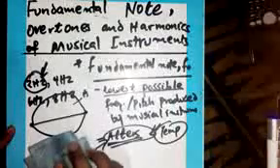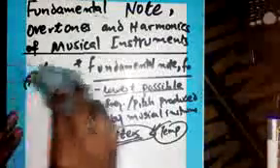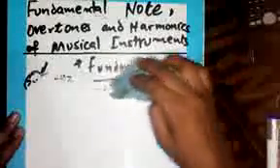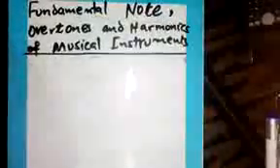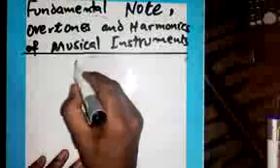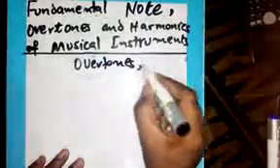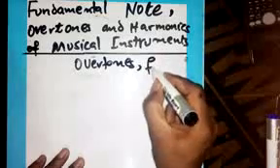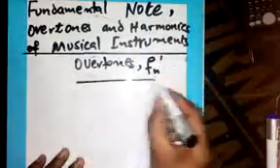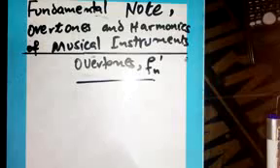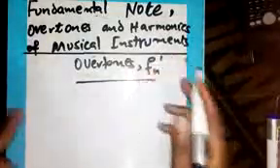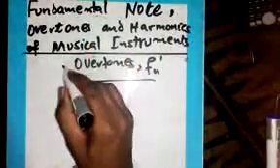We have another term which is called overtone. When you talk about overtones, this is another terminology. Overtones, we give them the symbol Fn dash, where n depends on the numbers, but the dash is to make it different from harmonics, because later on we're going to look at harmonics.